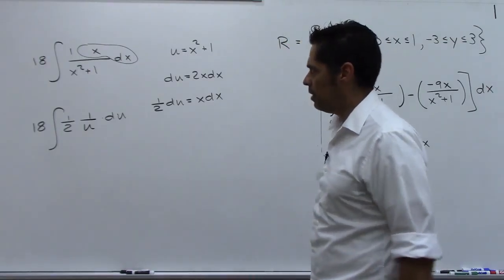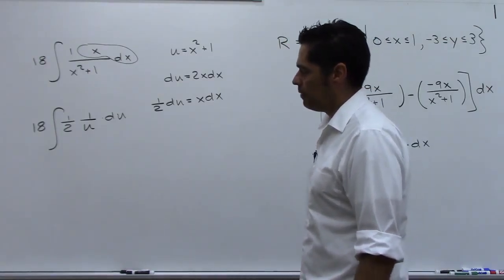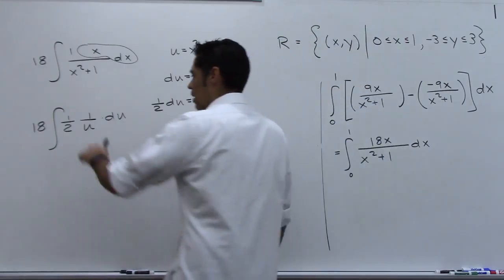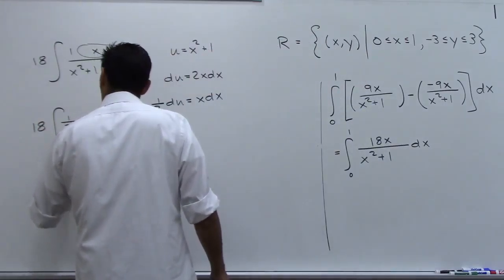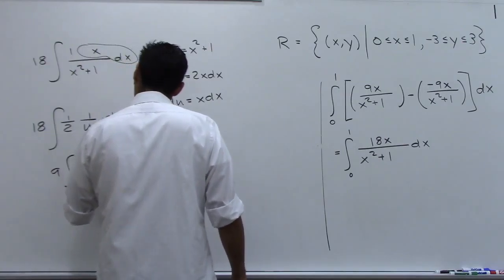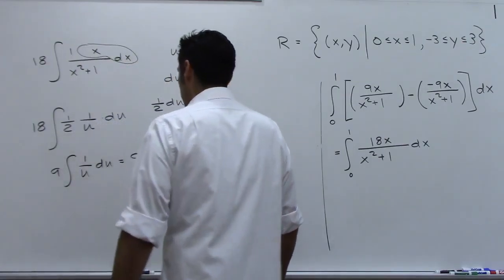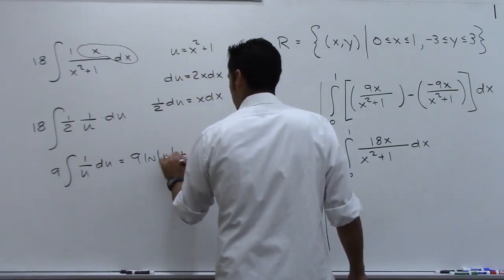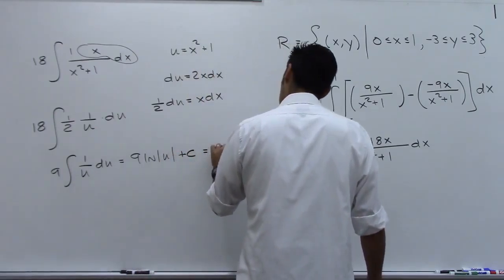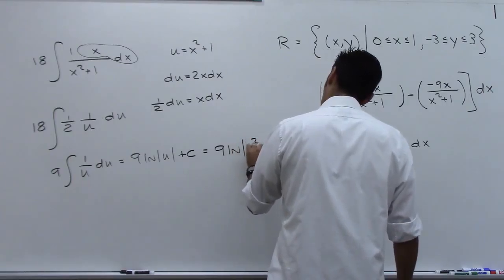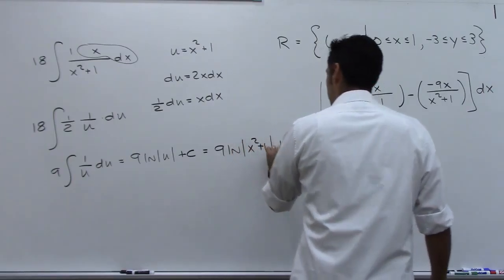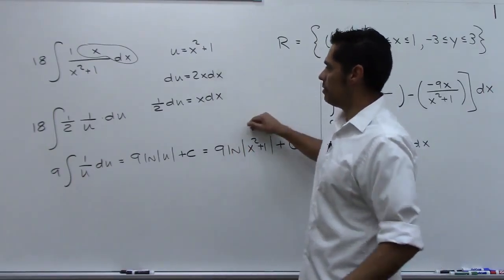Everyone's going to have different ways of integrating, depending on who you took for Cal 2. Bring the 1/2 out, you get 9 integral 1 over u du. So 9 natural log of the absolute value of u plus a constant, but this equals 9 natural log of x squared plus 1 plus c. So that's the antiderivative of this.